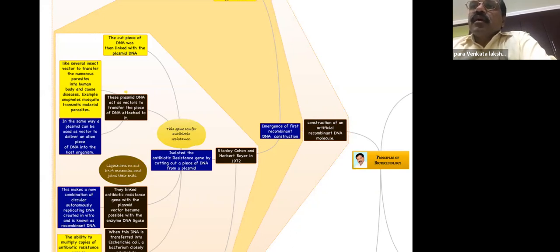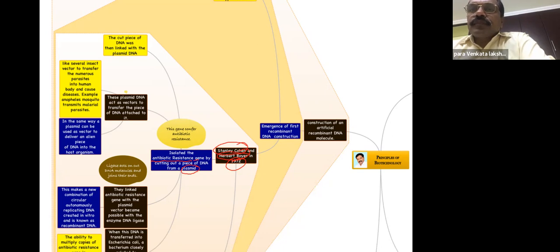Then we discussed that Stanley Cohen and also Herbert Boyer, in the year 1972, what they did, they isolated an antibiotic resistance gene. From where? By cutting out a piece of DNA from the plasmid.